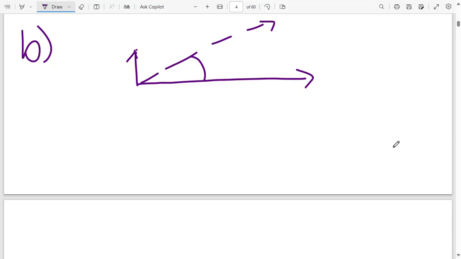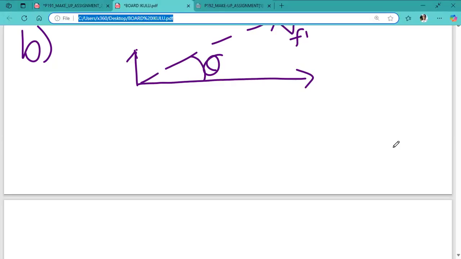So we have velocity directed at that angle, which is theta, and this is the v final of ball 1. So this is what we are looking for, the theta and the final velocity.